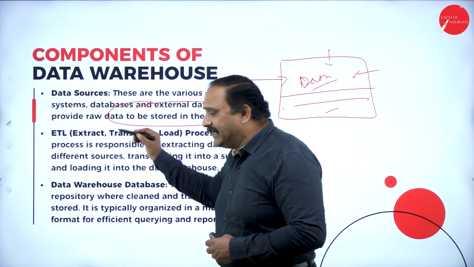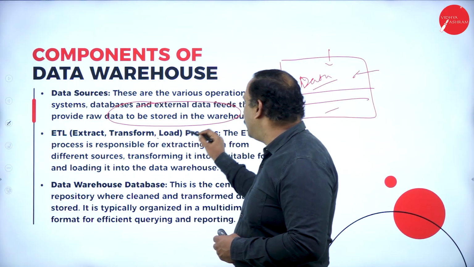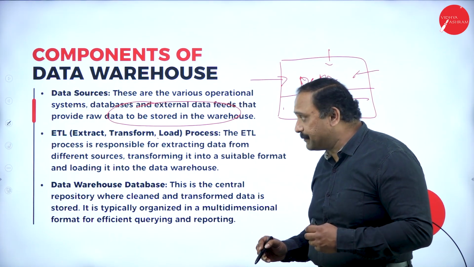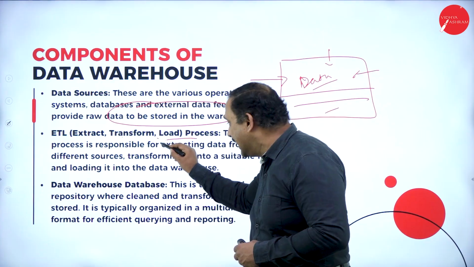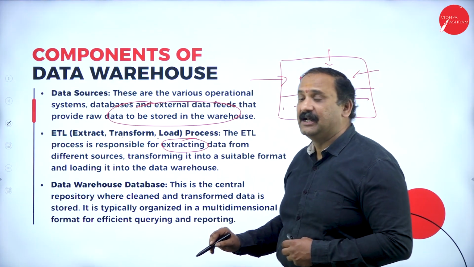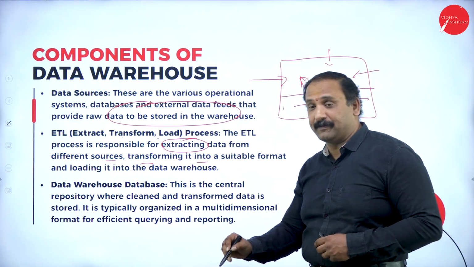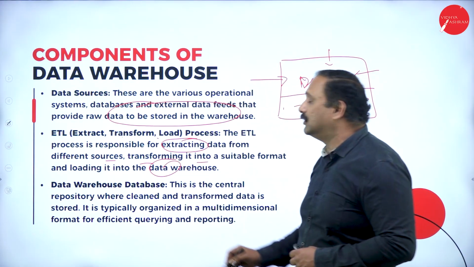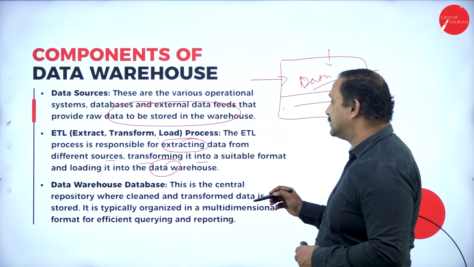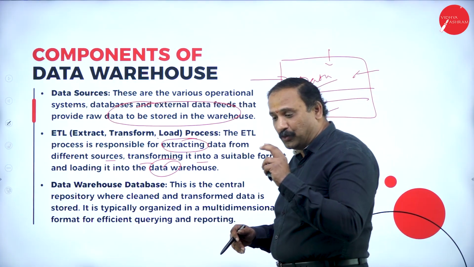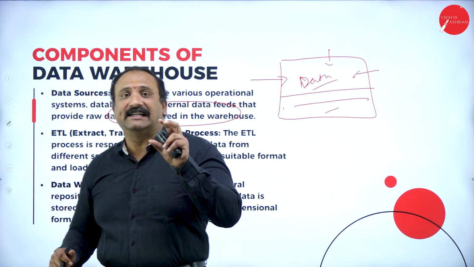Now, ETL, extract, transform, load process. This is a process responsible for extracting data from the different sources, transforming into suitable format and loading the data into the data warehouse. Which means, first thing is that you need to extract only the things that are needed.